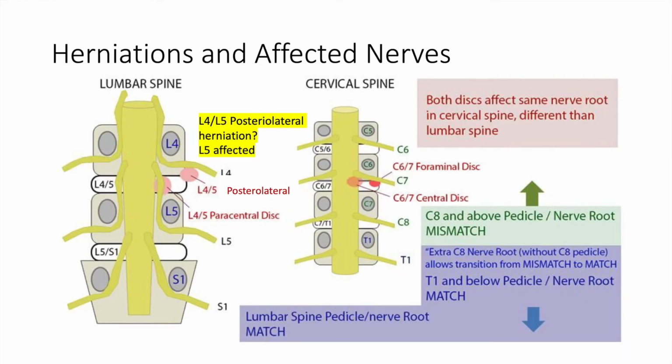Okay, we talked a little bit about herniations, and now we've got to figure out, if a nerve is affected, what's going to happen next. So in our neck, our nerves are coming out. And this was one of the things that was really hard for me to understand for some reason.